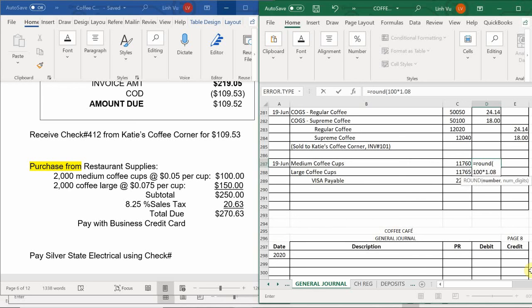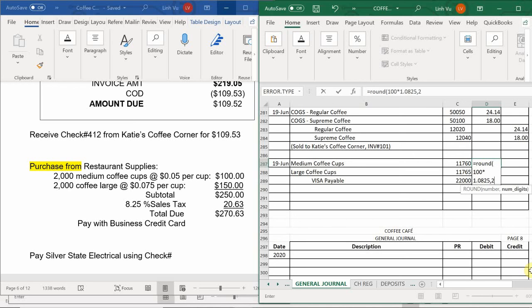In this case, I'm going to take a shortcut, because if you take your item and multiply it by 1 point your tax, it's the same thing as taking your 100 plus your tax. So equal round, 100 times 1.0825, comma 2.